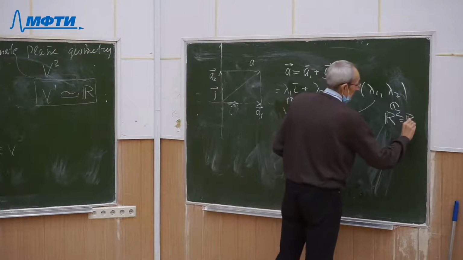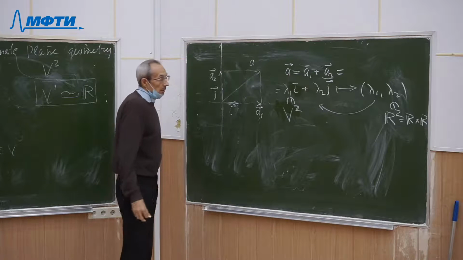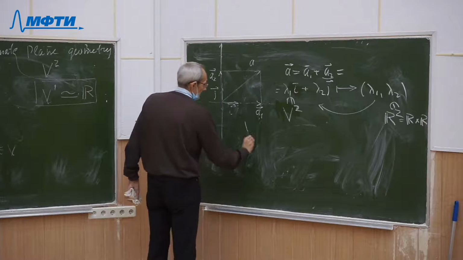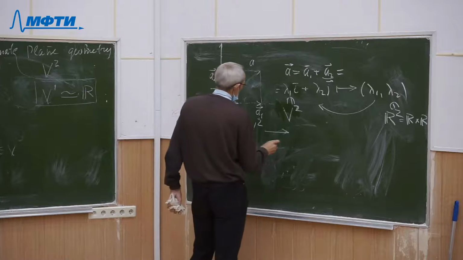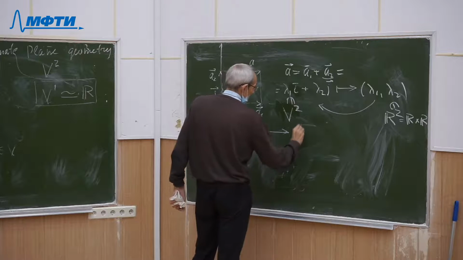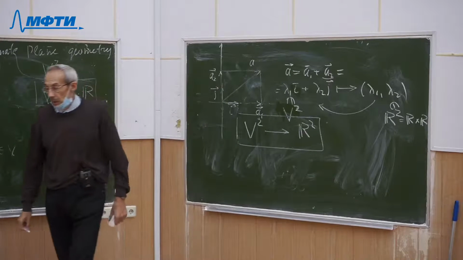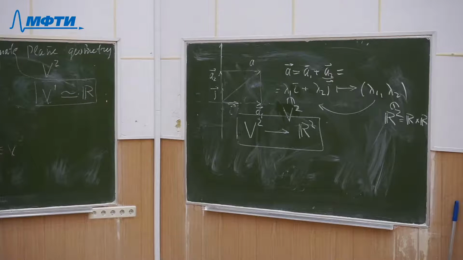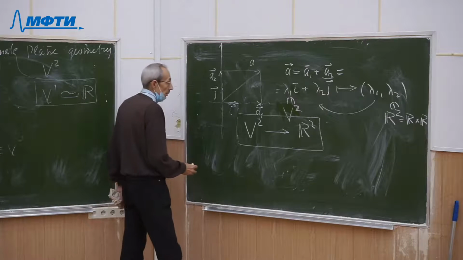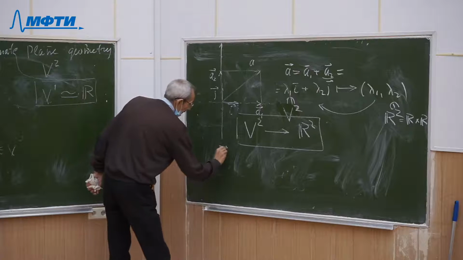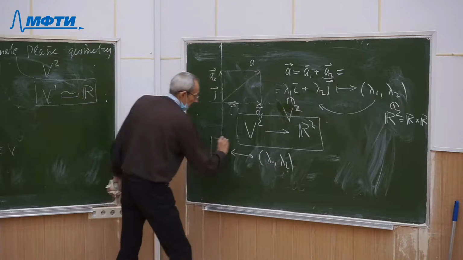R2 is the direct product of R and R. And we obtain a one-to-one correspondence between elements of V2 and R2. So an arbitrary vector can be presented as a pair of real numbers, and we have a one-to-one correspondence.